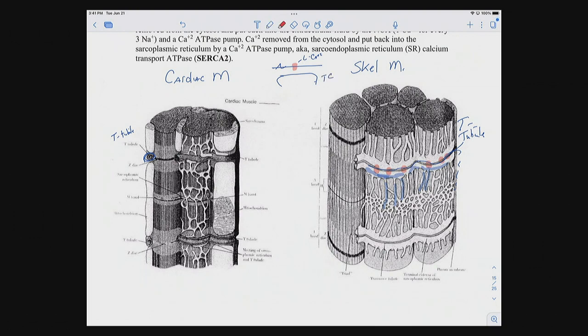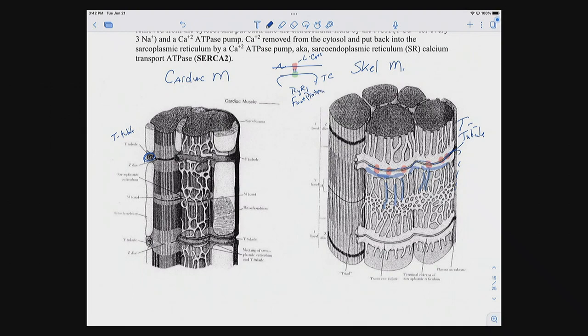Sitting on that is another type of receptor, my RYR1 receptor, and it is physically connected to the L-type calcium channel on the surface of the T-tubule. Another term for the RYR, or ryanodine receptor, is foot protein. You'll see it sometimes referred to that way.